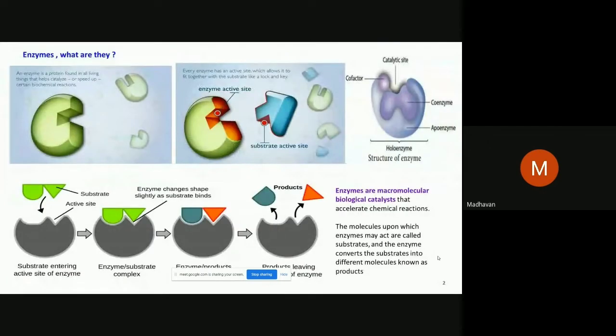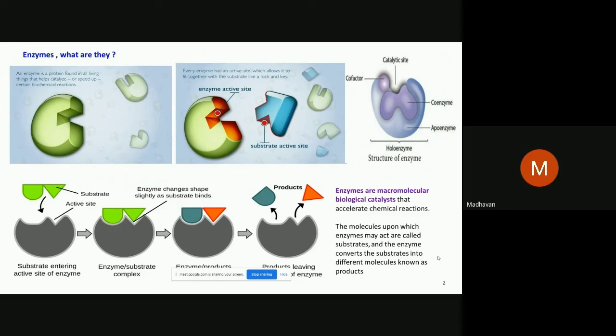So, coming to enzymes, all of us know that enzymes are macromolecular biological catalysts that accelerate many biochemical reactions. If you look at the prerequisites of an enzyme, it normally has an active site, a catalytic site to which the substrate gets bound, and this works in a lock and key mechanism, which is why the specificity of the enzyme comes.